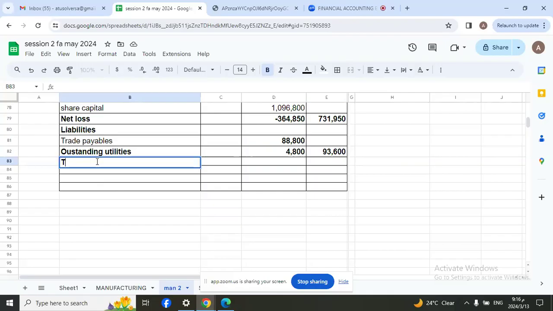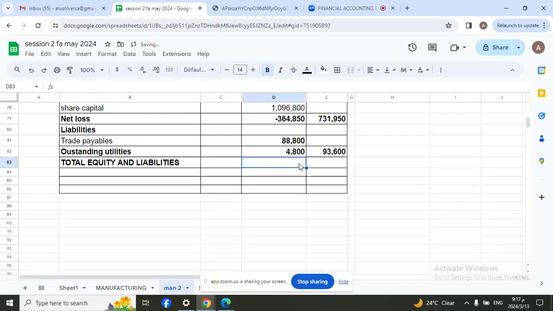Our total equity and liabilities, which will be this plus this.